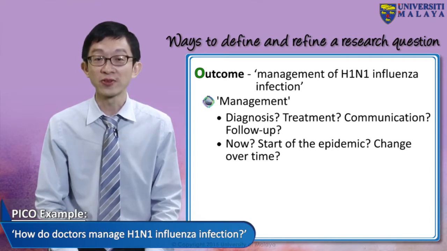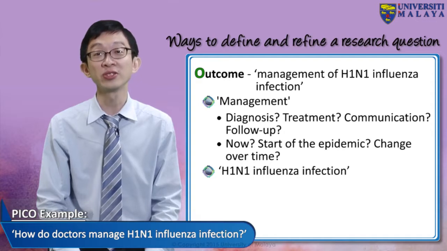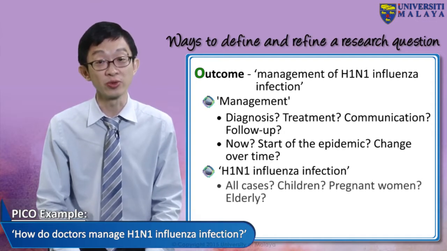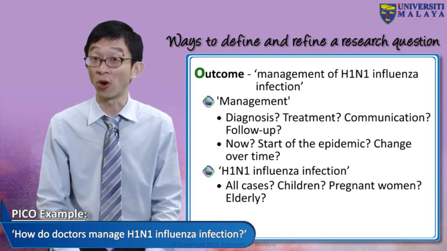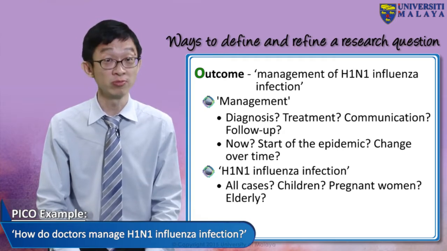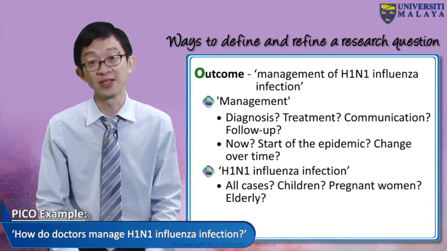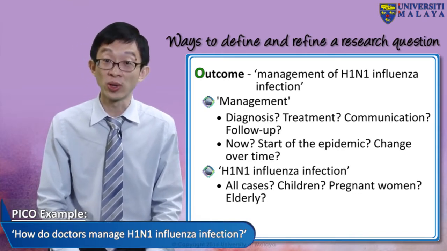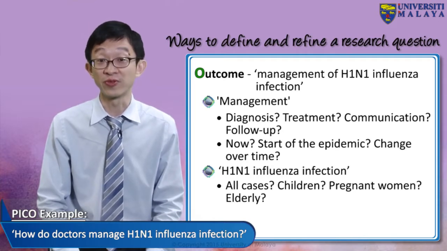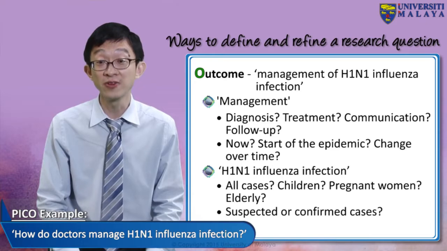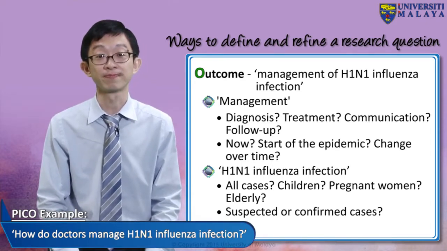As for definition of H1N1 influenza infection, it is important to determine which target group the researcher is focusing on. Patients of all age groups, children, pregnant women, elderly. Similarly, the stage of H1N1 influenza infection should be clarified, whether it is referring to suspected or confirmed cases, as the management are different.